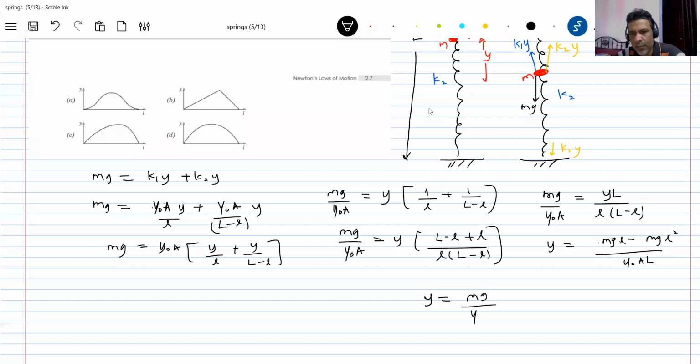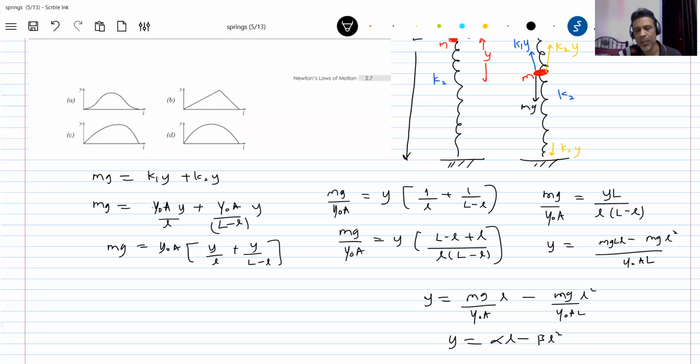Mg by Y naught A L into L. No, this L will not be there. Here L will be there, and this is L square. So make it everything alpha L minus beta L square.